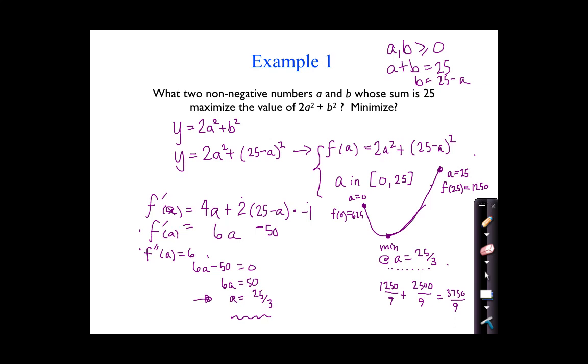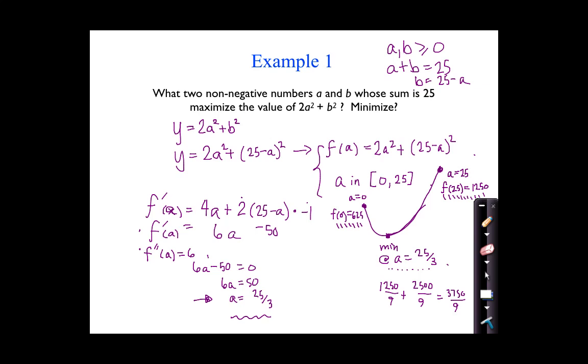So 400 and something is the minimum sum that we can get that follows these rules. And 600 ends up being nothing important. The value at one endpoint of the domain, the maximum happens at a equals 25. So in terms of answering this question, what two non-negative numbers, a and b, whose sum is 25, maximize this? Well, this just says a is 25.